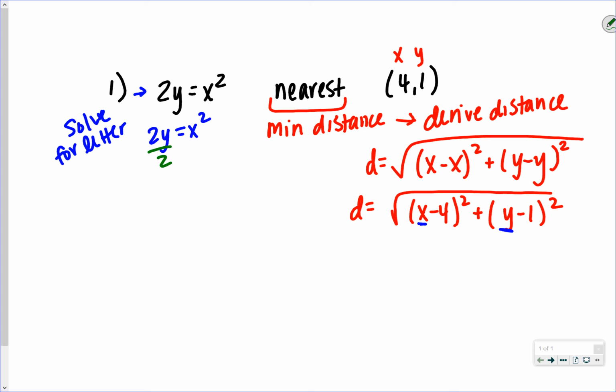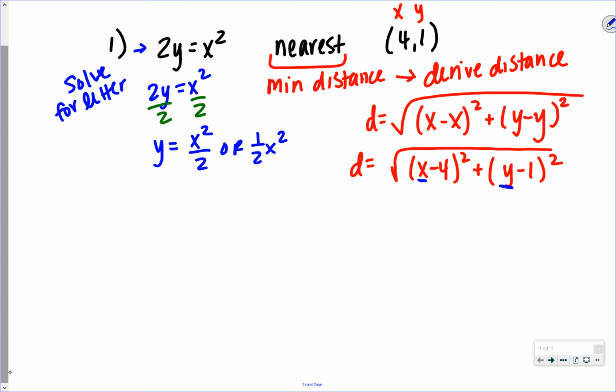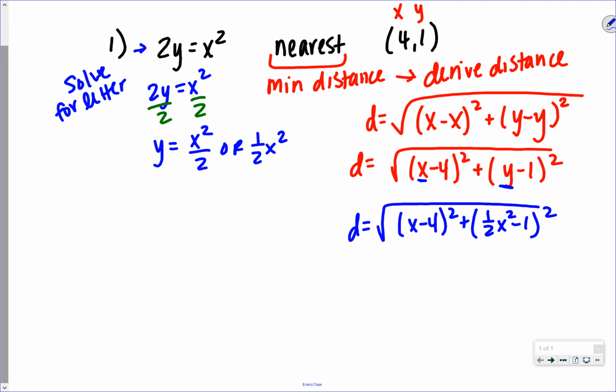So divide by 2: y equals x squared over 2, or 1/2 x squared. Now I'm going to plug it into my distance formula. So distance will equal the square root of (x minus 4) squared plus (1/2 x squared minus 1) squared. This is what I want to minimize, so this is what I need to derive.